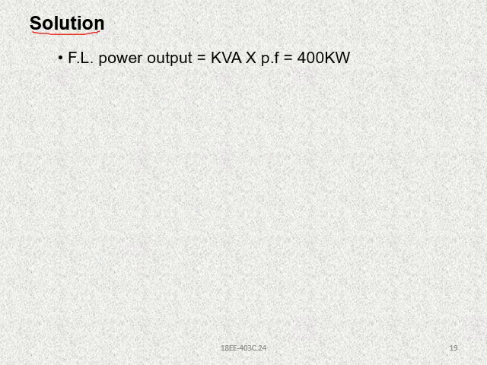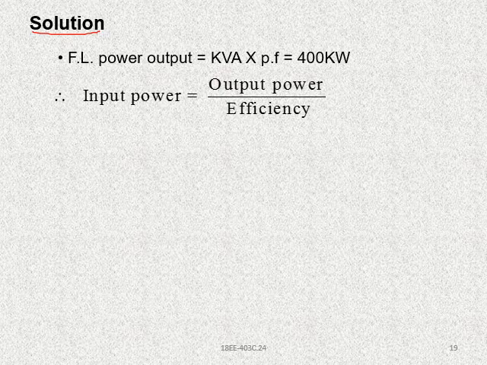Okay, now moving on to the solution. The full load power output is equal to kVA into power factor, that is 400 kilowatts. This is the kVA rating, and the full load power output should be multiplied with the power factor. That gets us 400 kW. The input power is equal to output by efficiency.